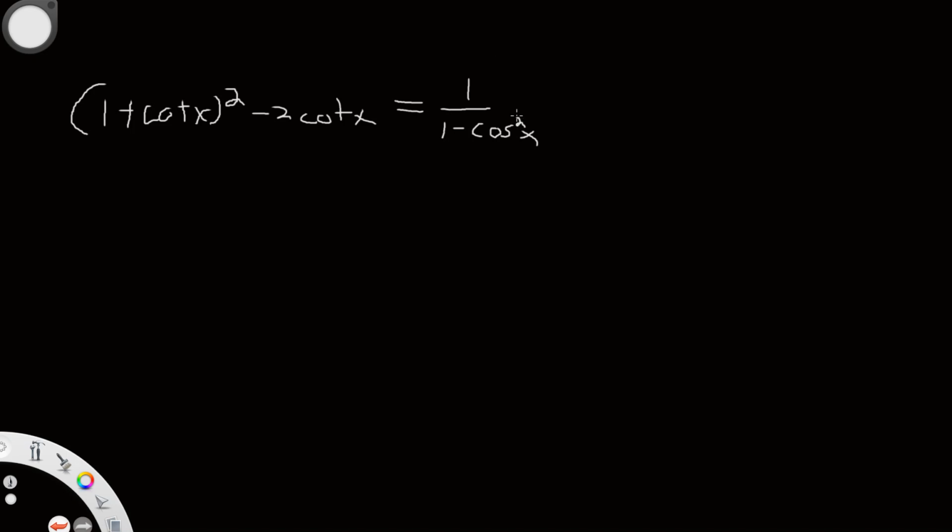We may have to change the 1 over 1 minus cosine squared x, but be aware that that is an option at the current moment. So the first thing we want to do now is FOIL this binomial right here.